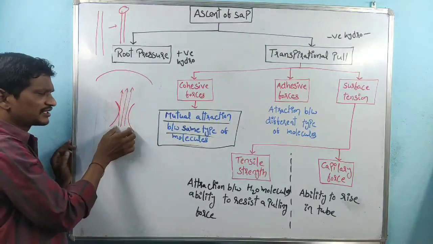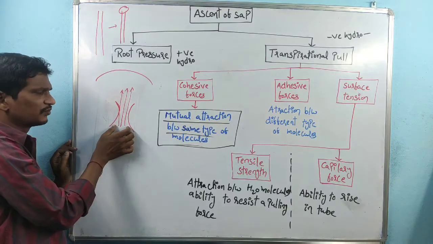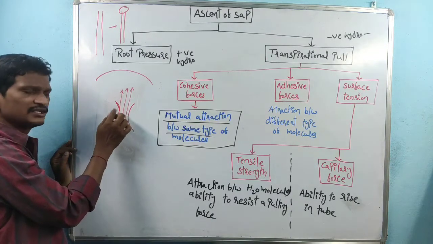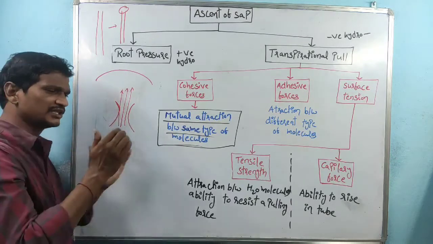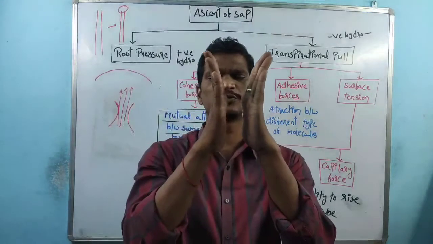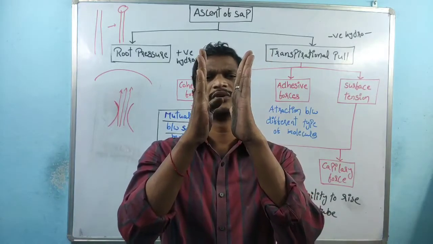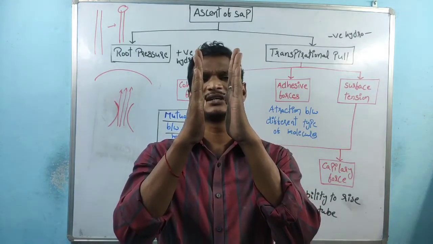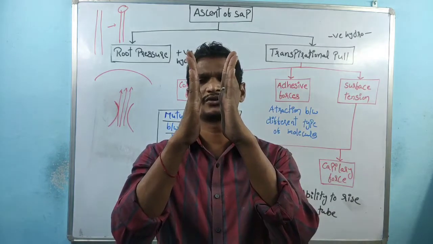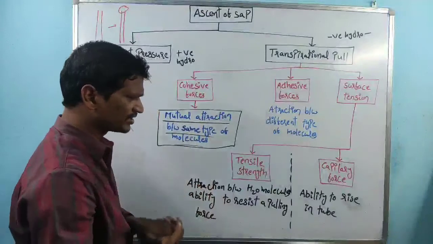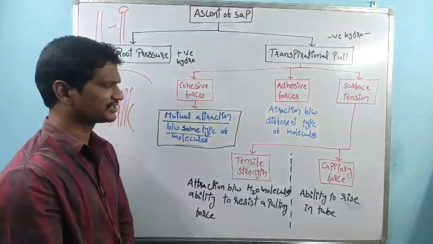On one side the atmosphere is acting; within the water column, the water molecules also act in the opposite direction. So this is called tensile strength.